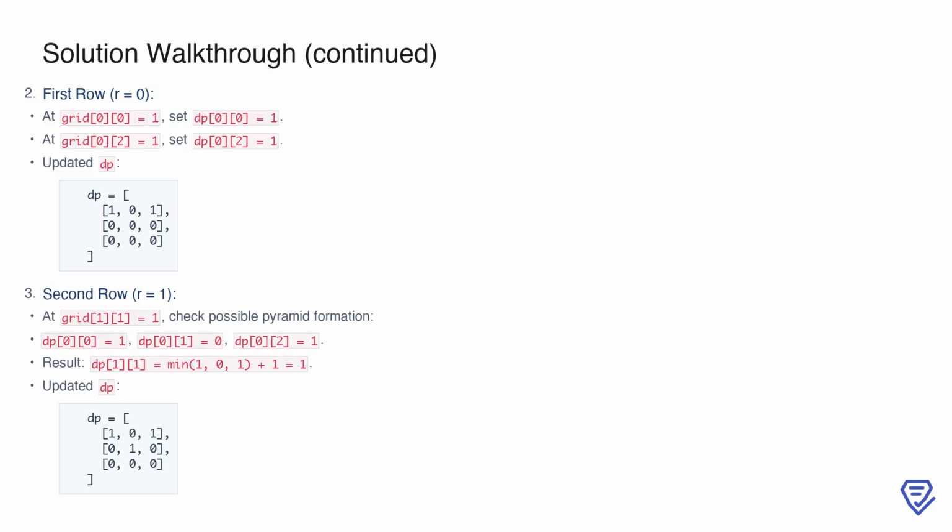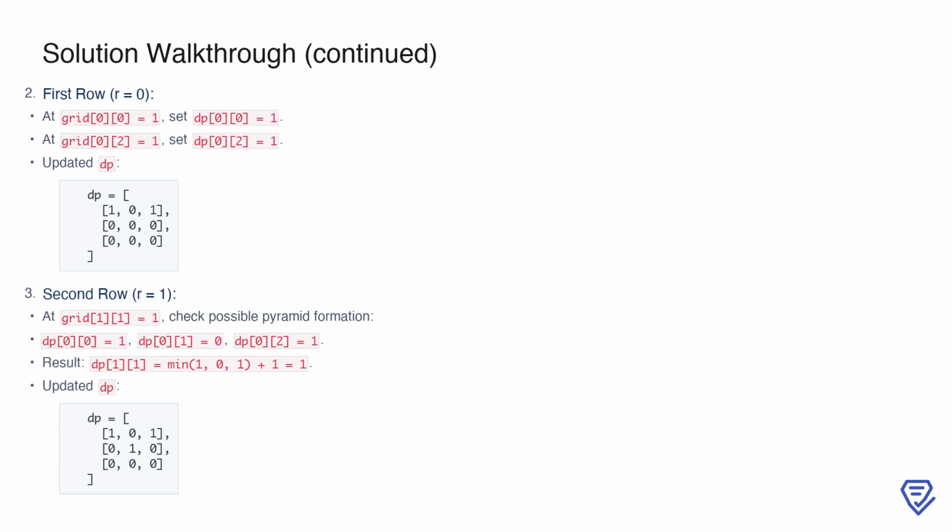Moving to the second row, at cell 1,1, we again find a value of 1. To determine if this can be the apex of an upward pyramid, we check the DP values of the 3 cells directly above it: dp[0][0], dp[0][1], and dp[0][2]. Since the minimum of these values is 0, no pyramid can form with a height greater than 1 at this position.